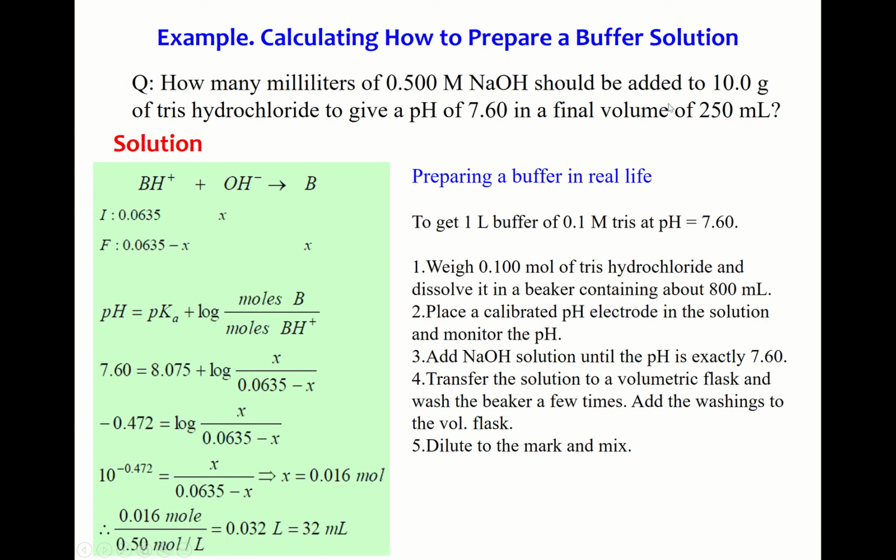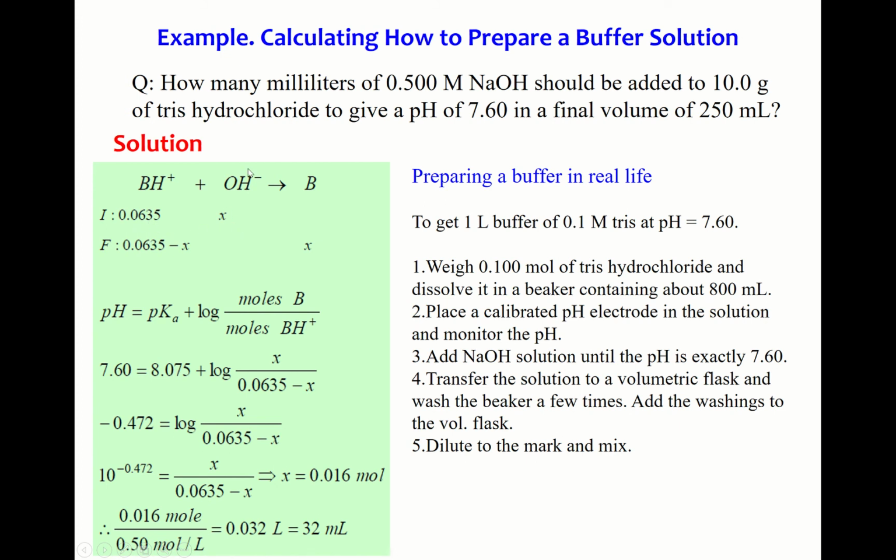is the 10 gram divided by the formula mass of tris hydrochloride. This number you got is 0.0635.